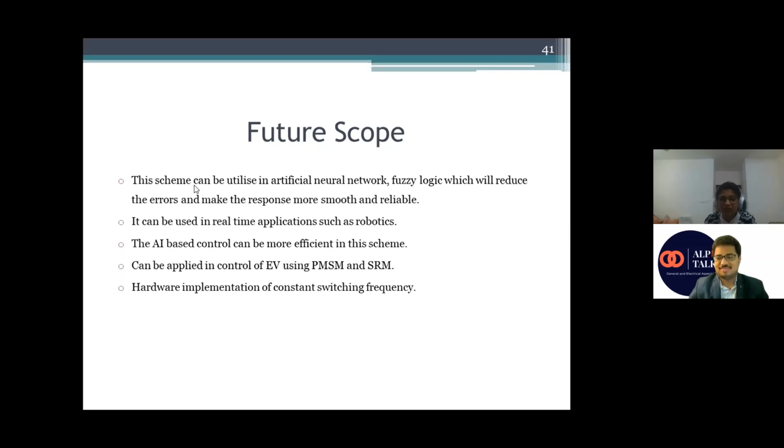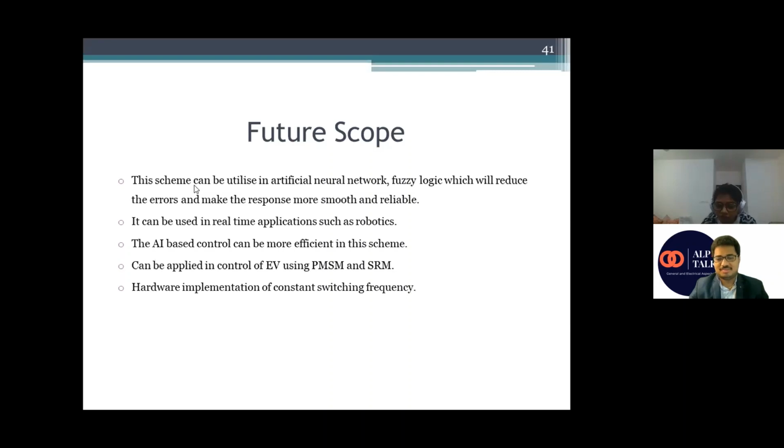First of all, ripple will be less, and response becomes smoother. It can be used in real-time applications such as robotics, and for implementation of constant switching frequency. That is the major point: ripple is coming more due to the variable switching frequency.